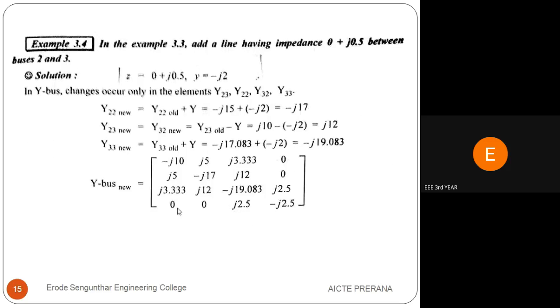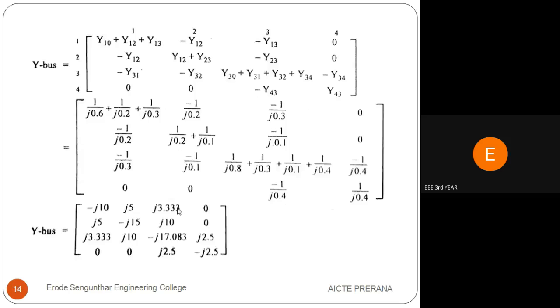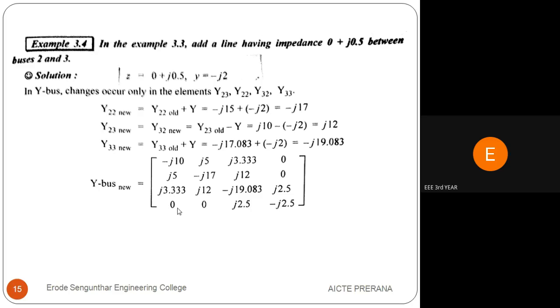So we have to consider the same matrix, that is, the final answer should be considered. In this, we have to change a few elements. Here clearly they mentioned that a new impedance value is added between 2 and 3. So we have to consider only the second bus and third bus. The second bus is Y22 and the third bus is Y33.